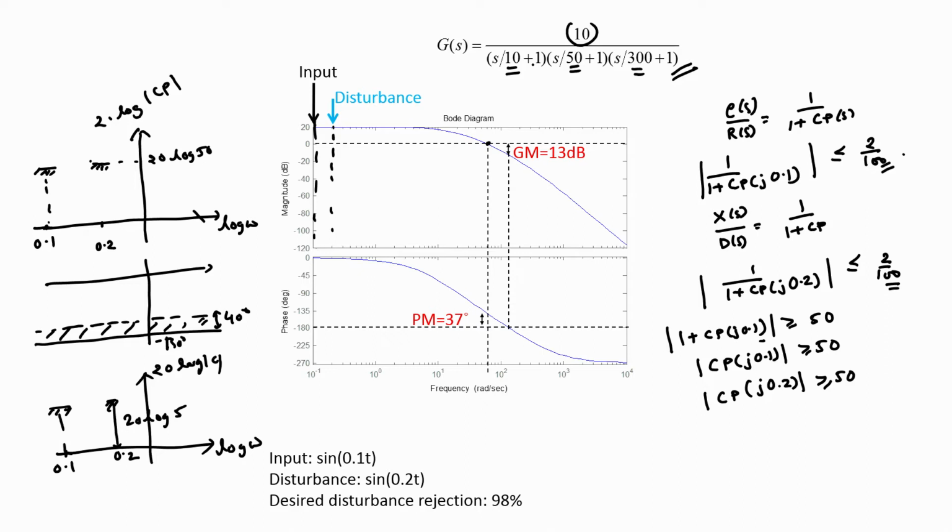If our controller has this gain and our plant already has a gain of 10, the two together will have a gain of at least 50 at these two frequencies, and therefore we will be able to meet our performance requirements. Now the question is what controller to go with in order to obtain this performance.